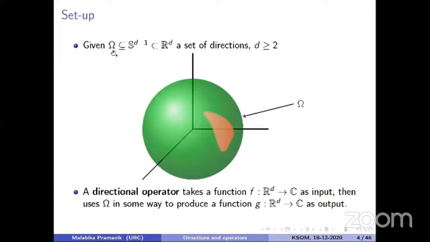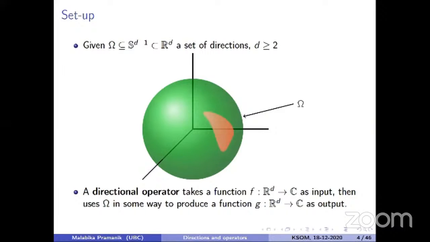Let capital omega denote a set of directions in d-dimensional Euclidean space where d is at least 2. In other words, capital omega is a subset of the unit sphere S^(d-1) in R^d. In the diagram, the green globe is the unit sphere in 3D, and the red area denotes a possible choice of capital omega on the sphere.